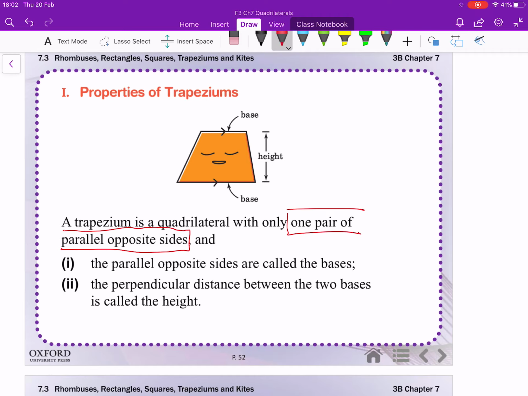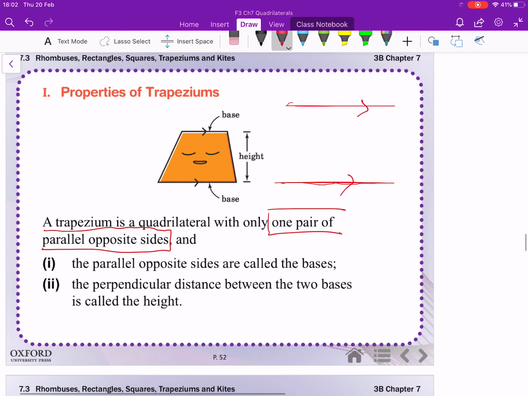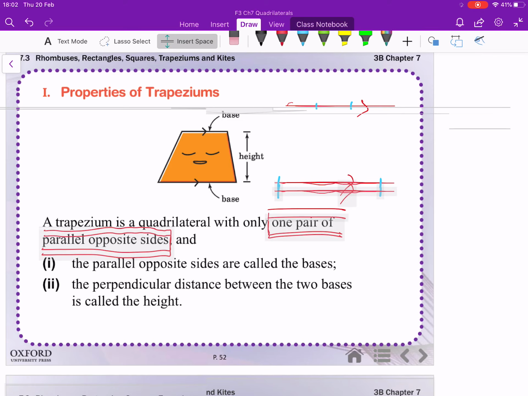So when you want to construct a trapezium, you may make use of a ruler and draw any two parallel lines first, pick any 2 points, one from each parallel line, and join them together.